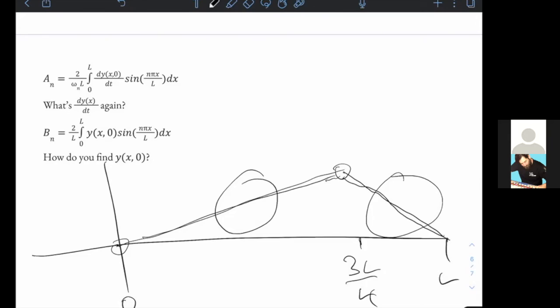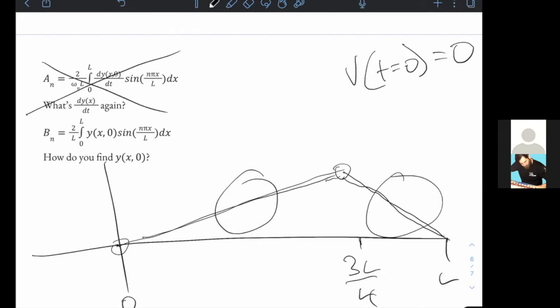And we know that in the case of a plucked string, where you've just lifted the string off of the neck of the guitar or whatever, and you're holding it there ready to release it at t equals 0, v of t equals 0 is 0. It's not moving. Because that's true, this whole thing goes away. You only have to worry about this one below.